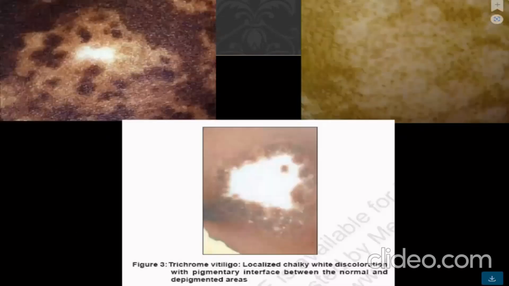See in the image. Trichrome vitiligo, localized chalky white discoloration with pigmental interface between normal and depigmented areas. See the different shades of brown pigment.